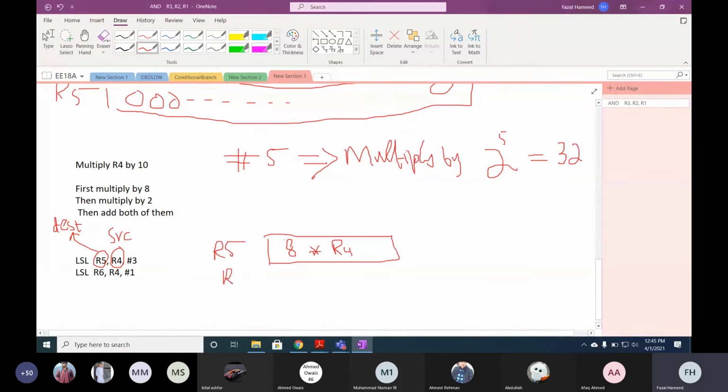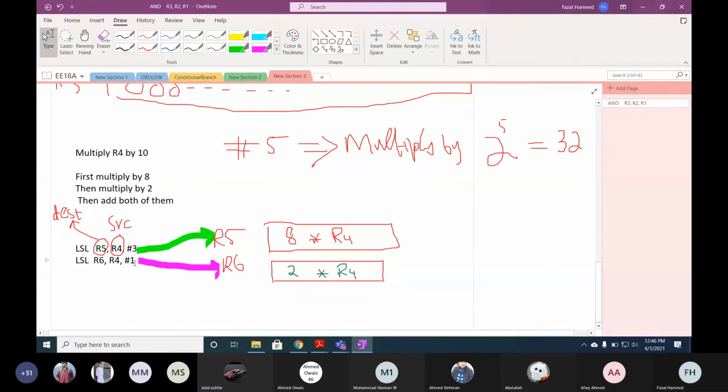Two into R4. Very good, 2 multiplied by R4. Now what should we do?